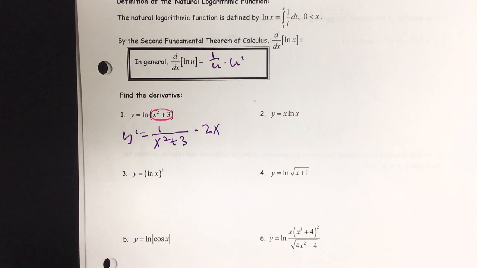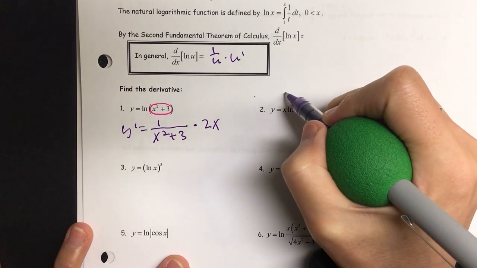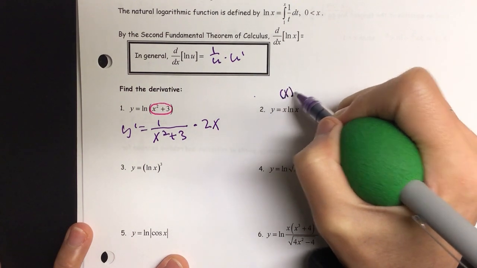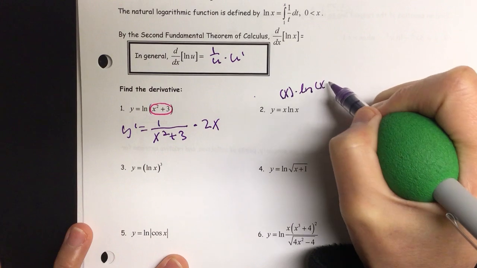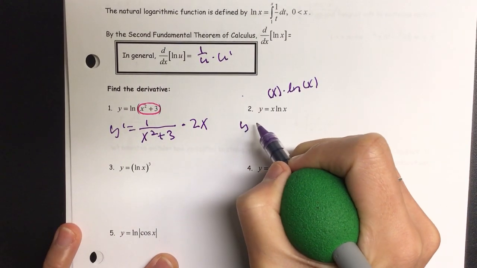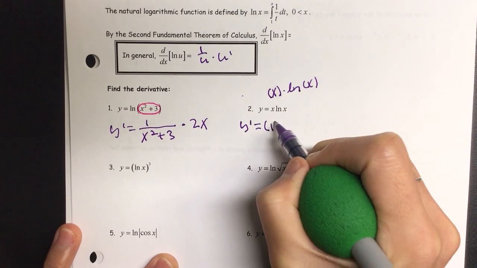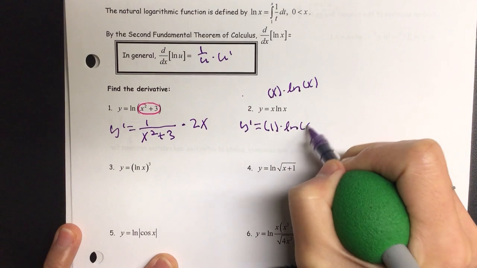What rule are we going to use on number 2 if I have x's in 2 different places? Product rule. Let's rewrite this. That is x times natural log of x. So as a recall, do we derive the first one or keep the first one? We derive, and then we keep the second one.